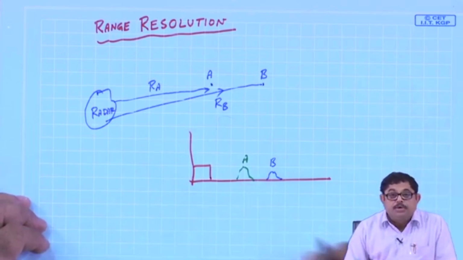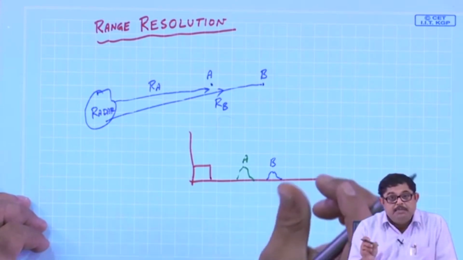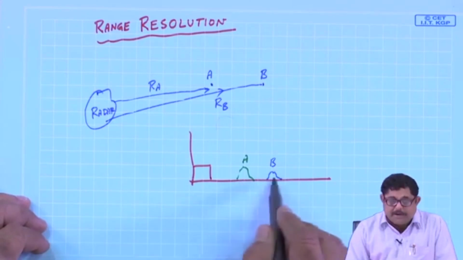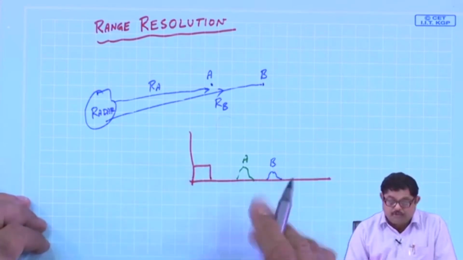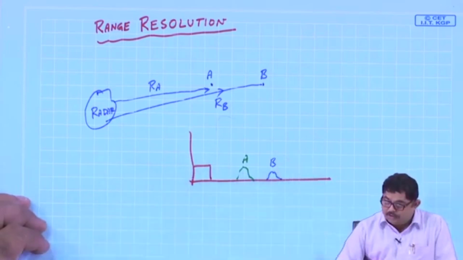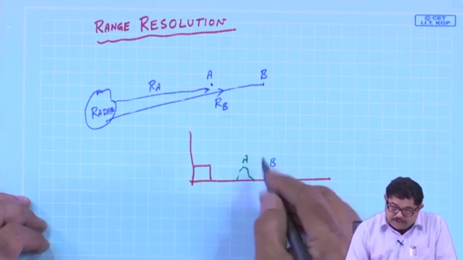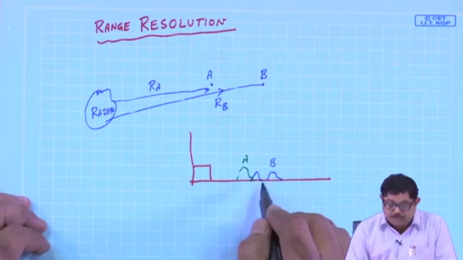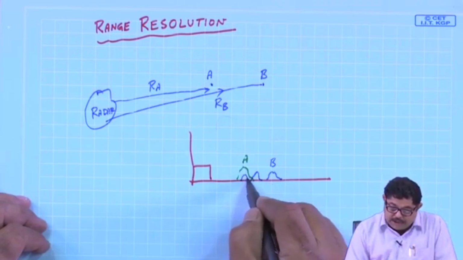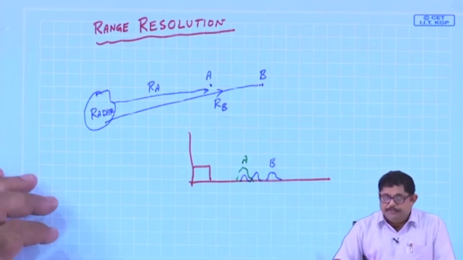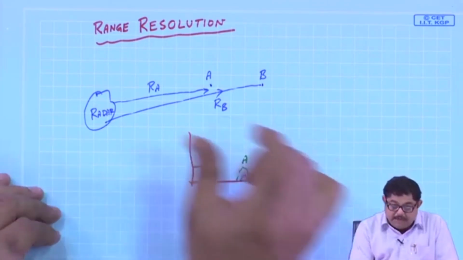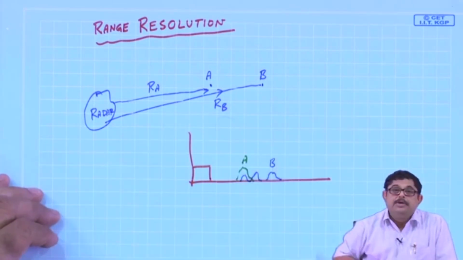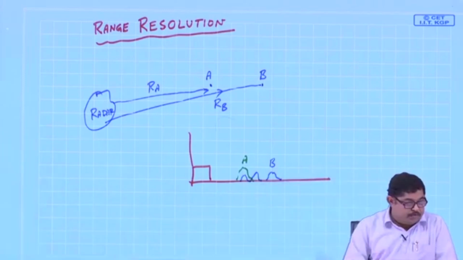So, the question is what is the minimum distance when, though they have come very close, I will still be able to say that they are two different echoes. That means, gradually this is coming near, suppose it has come here, here also I will be able to say, but if it goes here, then I will not be able to say. So, resolution is the minimum distance where from their returns I will be able to resolve the echo.